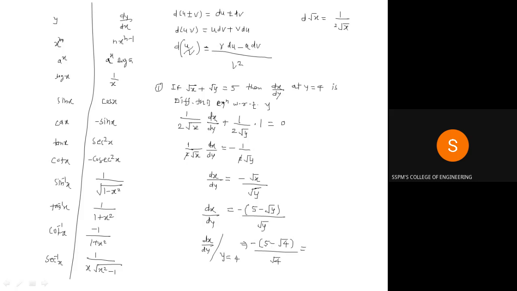Root of 4 is 2, 5 minus 2 is 3, that is minus 3 upon root of 4 which is 2. So that kind of option will be there in an MCQ type question. So that is minus 3 by 2. So this will be the correct option. तो ये correct option होता है.